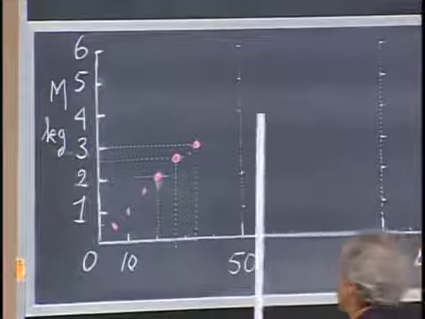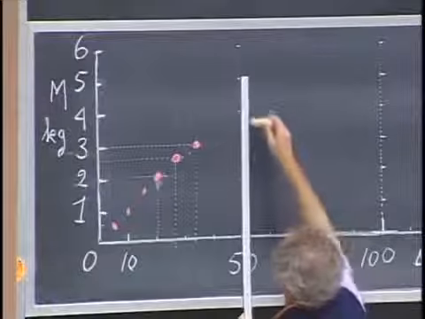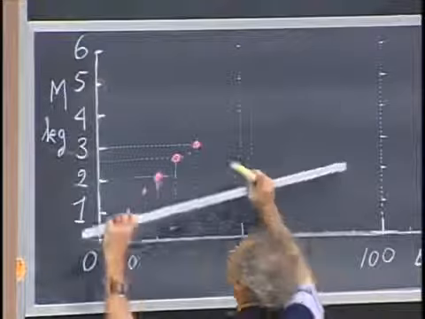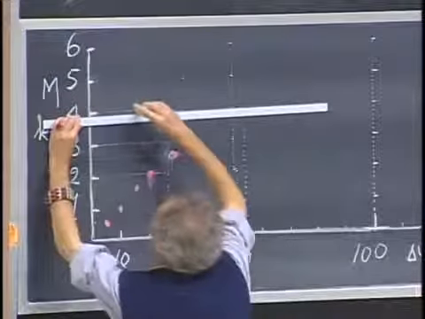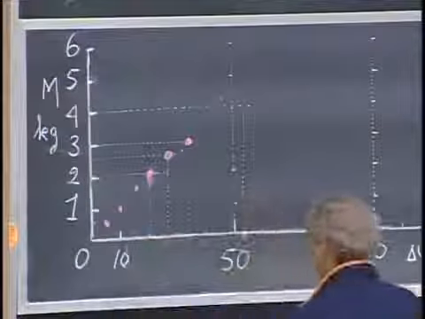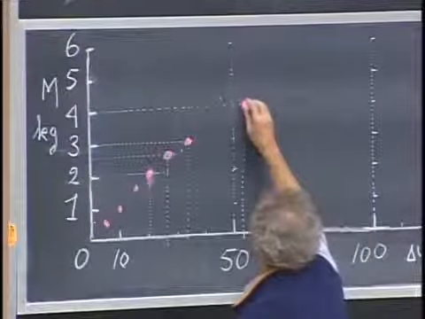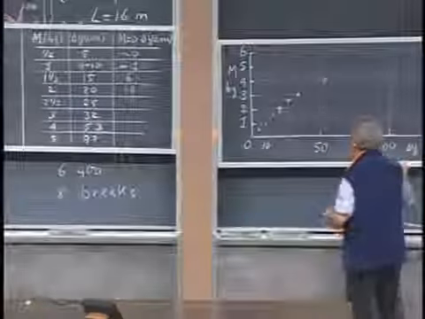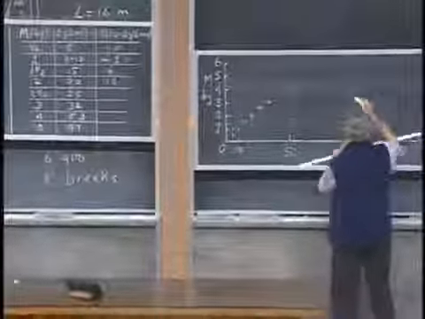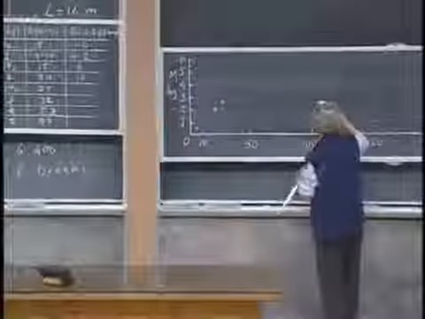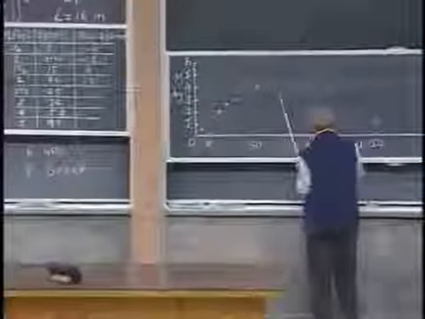At 4, we have 53. There's no question. Oh, yeah. And then at 5, we have 97. Here is 5. 97. That's here.